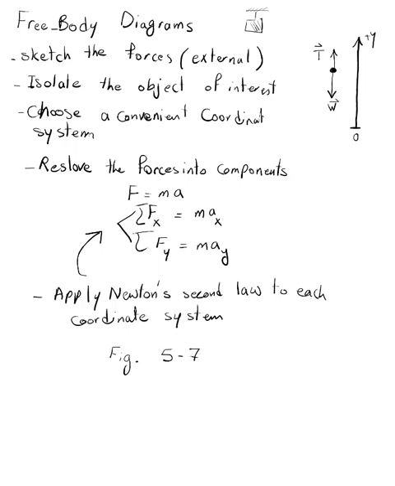The object of interest is the couch. If you want to isolate the object of interest, you're not going to consider the guy anymore, and the pillow on the couch does not matter anymore, because the object of interest is the couch. So you just show it by a point.